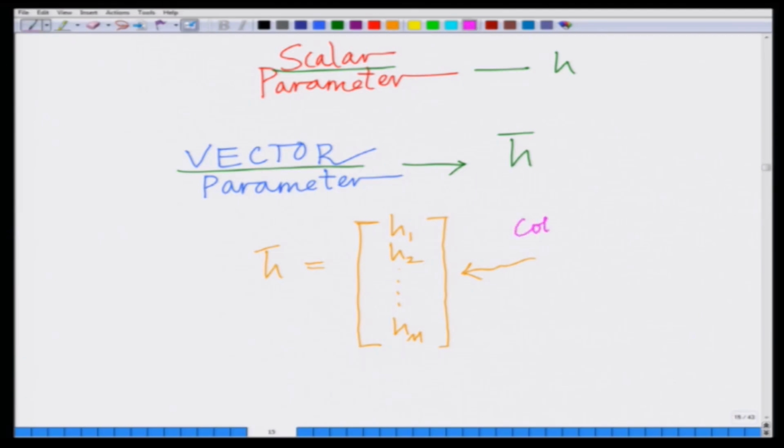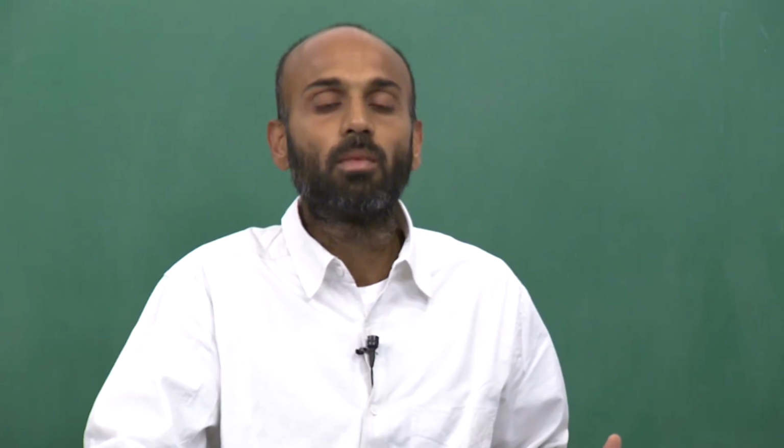So we are going to start with the estimation of a vector parameter h bar, an m dimensional vector, which means it contains m parameters, denoted by h1, h2 up to hm.